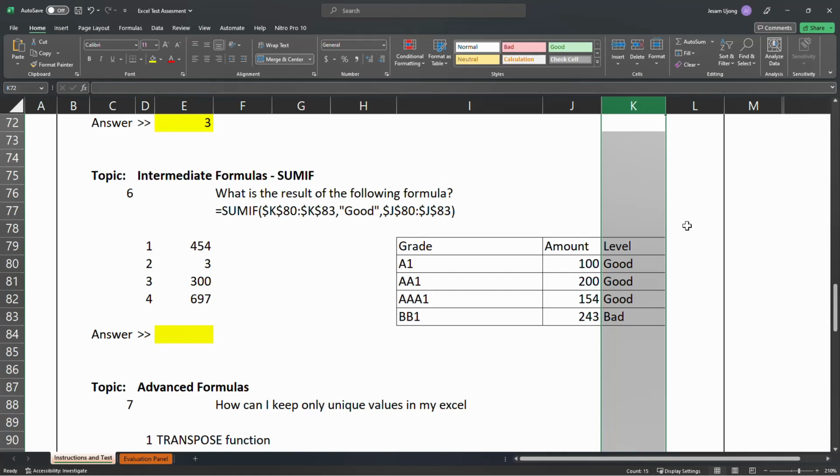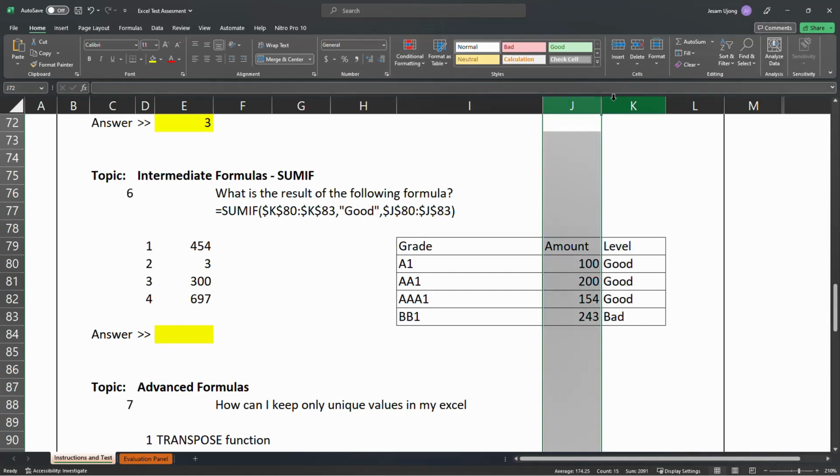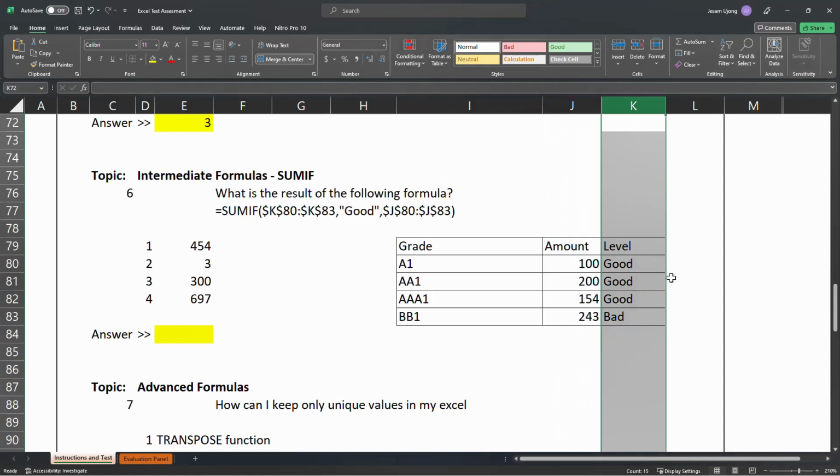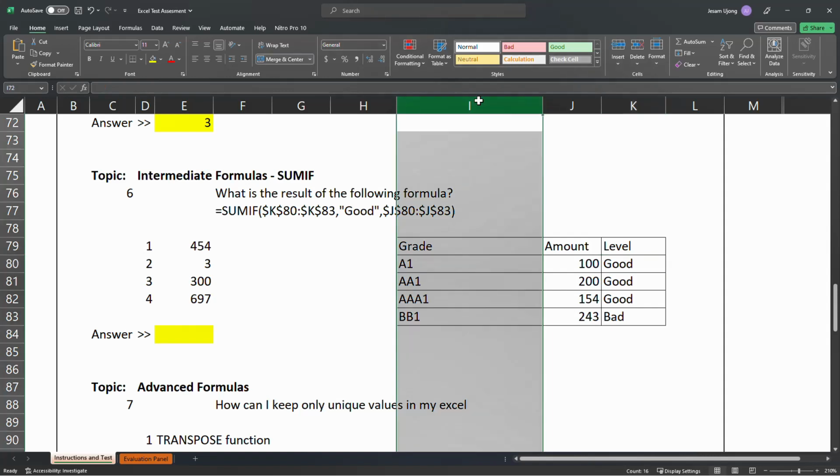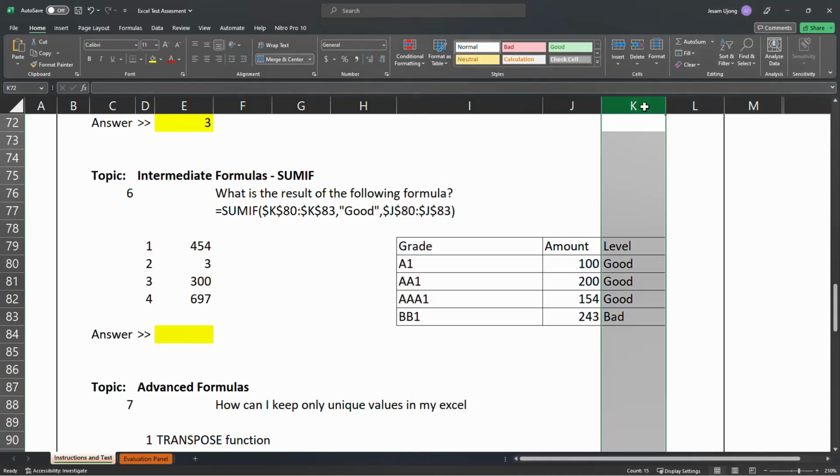Sorry, the range is J, while the criteria is good. The K is the criteria range, column K, cells 80 to 83.